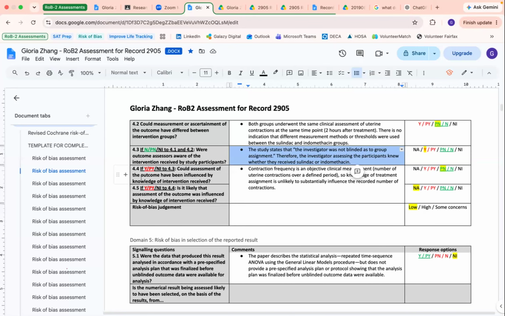However, since we are currently doing the RoB 2 for the outcome of contractions and, as a result, labor, I don't have definitive proof that the primary investigator, who was unblinded, was the person directly in charge of analyzing the contractions using the tachometer.